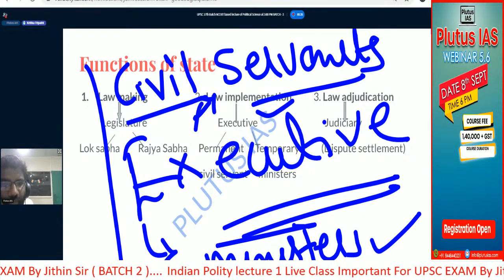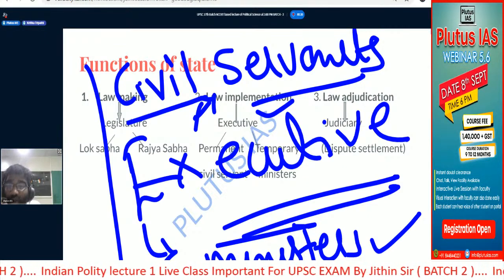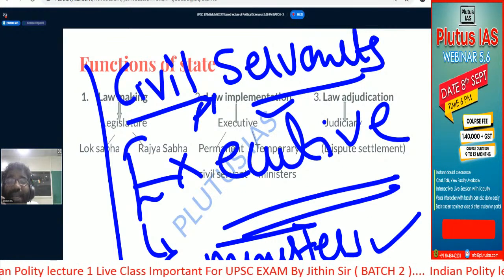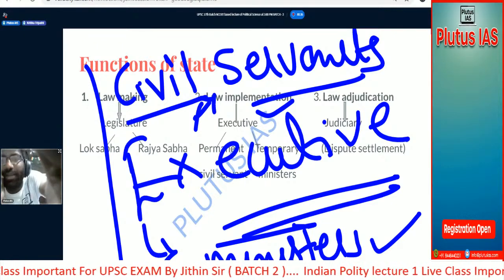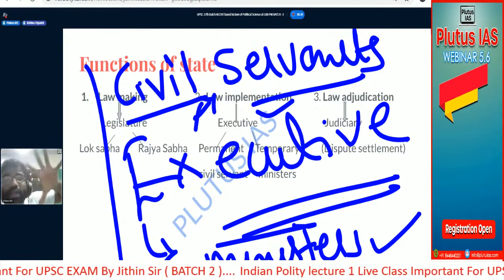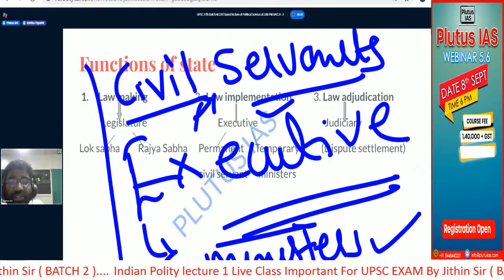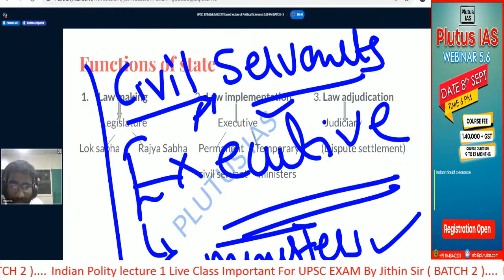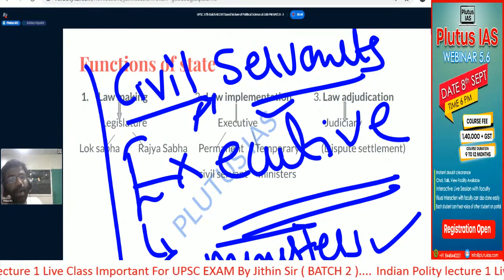Because ministers are elected only for a tenure of 5 years. The retirement age of civil servants is fixed, whereas ministers are elected for a short-term tenure, and even after elections they can be removed. So ministers are temporary executive and civil servants are permanent executives.